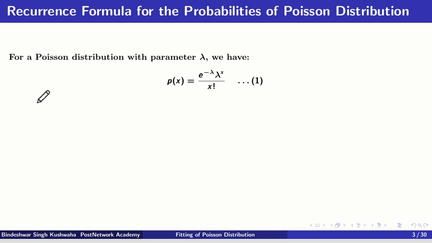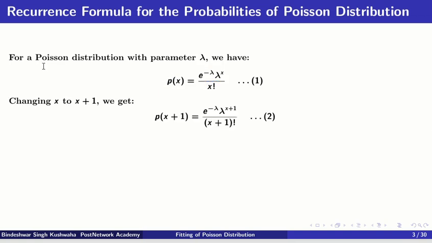For a Poisson distribution with parameter lambda, we have P(x) = e raised to minus lambda, lambda raised to x upon factorial x. That is the probability distribution.